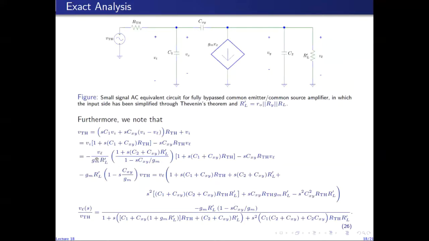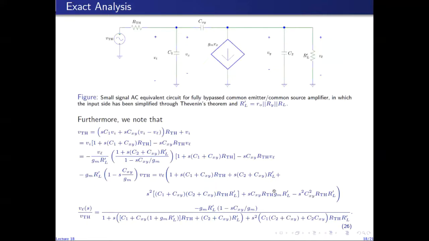And then since I have taken minus GM RL prime times this term out common on the other side, this will become plus, and it will be multiplied by GM RL prime times this term. So we'll have S CXY RThevenin GM RL prime times the first term.